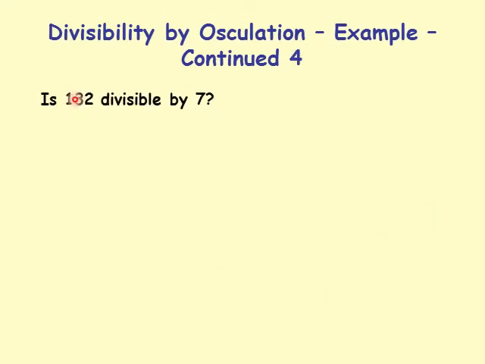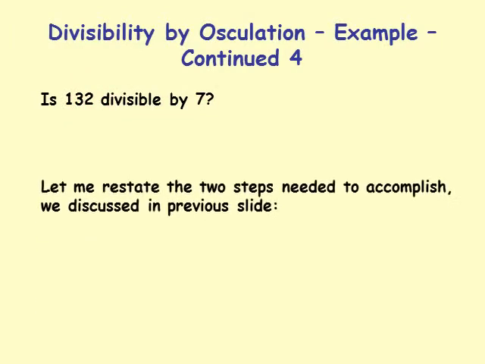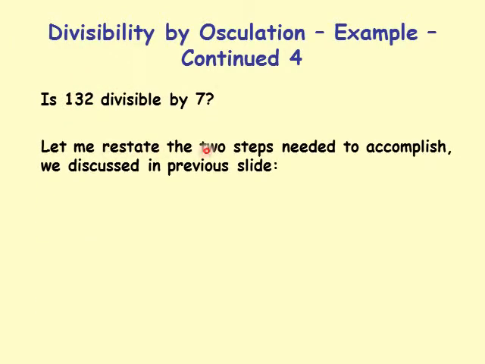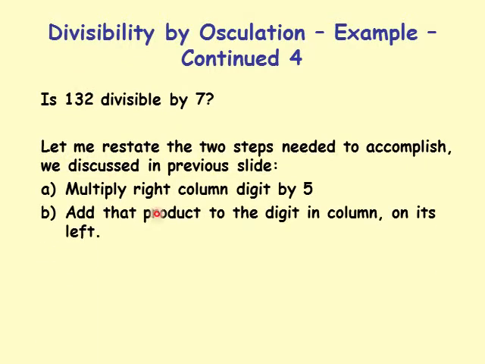Let's reiterate again. Is 132 divisible by 7? What did we do? First, let me restate the two steps needed to accomplish what we just discussed. First, multiply the right column digit by 5. That's 5 times 2, which is 10. Then add the product to the digit in the column on its left.